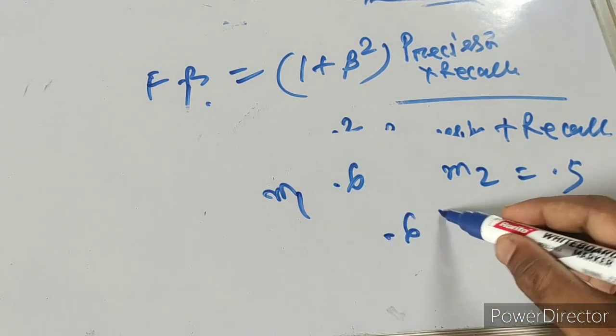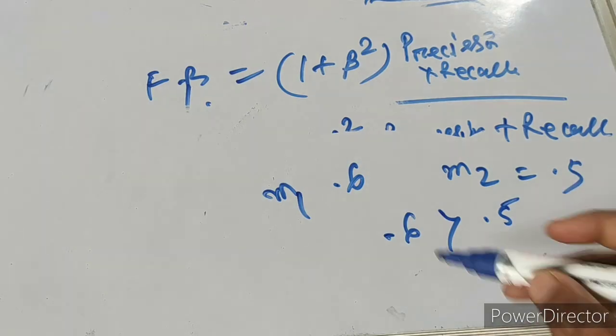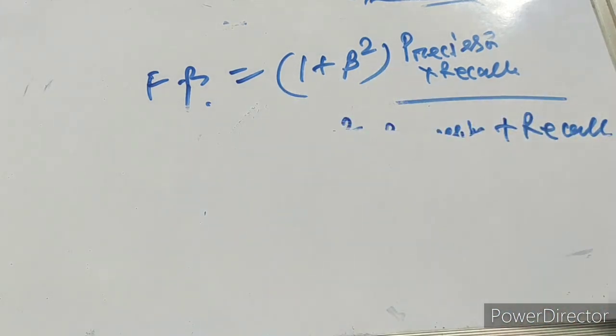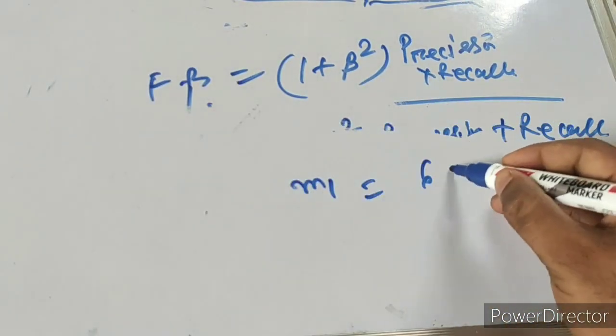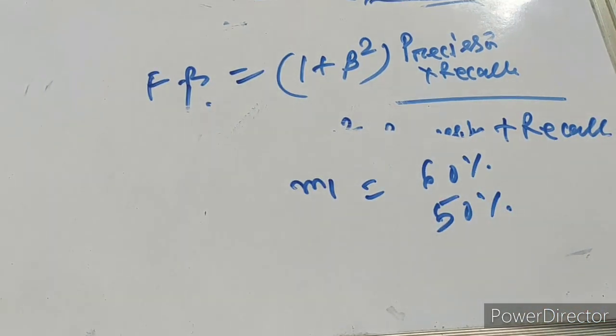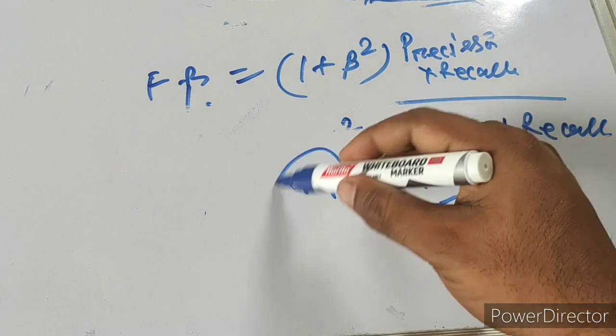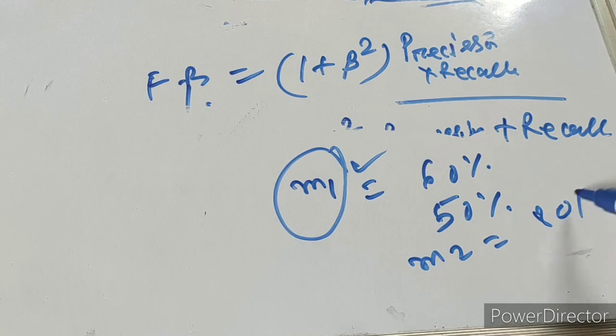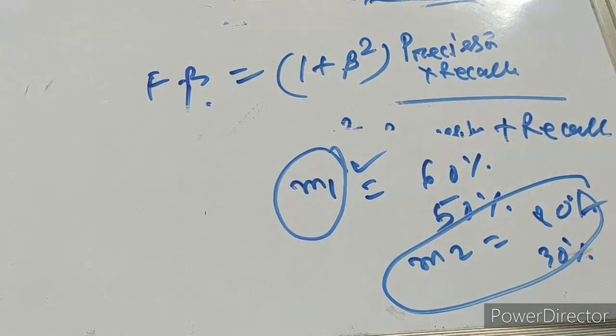So 0.6 is greater than 0.5 here, and we have to proceed with M1, because M1 has 60% precision and 50% recall. As we are giving equal weightage to both precision and recall, we should proceed with M1. If you see the M2 model, the precision is 80% and recall is 30%. Here the weightage is not distributed properly. That's why we consider the M1 model.